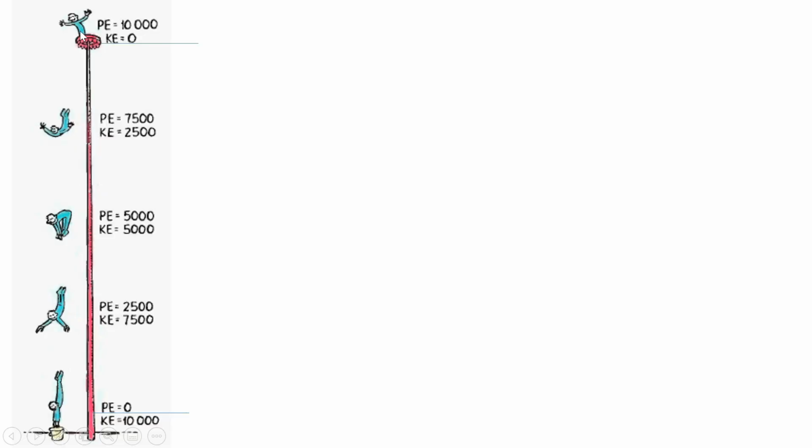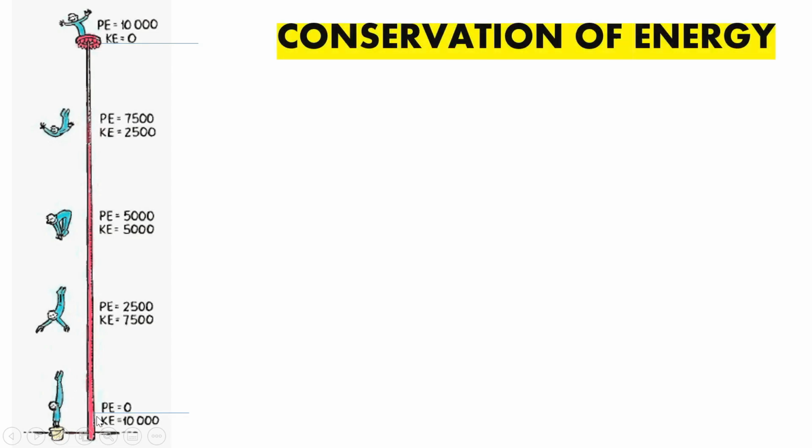Let's say this is the start position of our object, and this is the final point. So this is the initial point, where we have the initial kinetic energy and the initial potential energy. For this point, we have the final kinetic energy and the final potential energy.